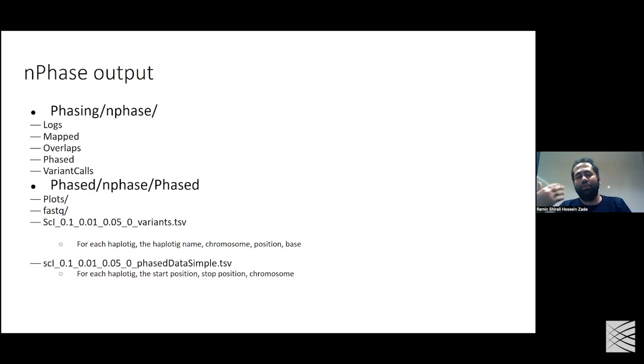If you remember from when I started the presentation, nPhase is a clustering tool. It tries to merge the reads together and create huge clusters of reads. And in this file, you can find the start and the end position of these clusters.